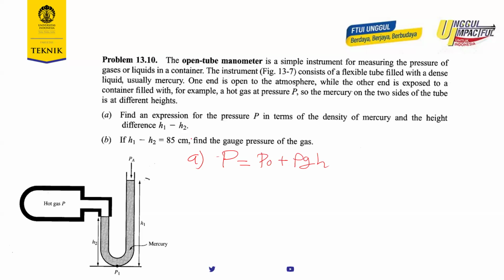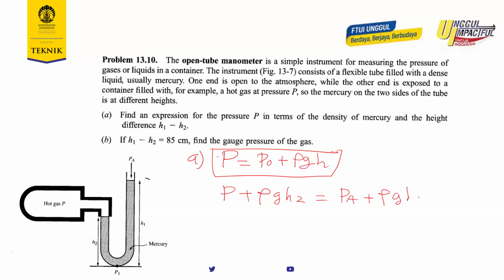Okay, in the left side here is pressure P. This one is the general form. In the left side here, we know that the pressure of hot gas plus rho GH2 is equal to the pressure at the right side. This one is PA plus rho GH1.